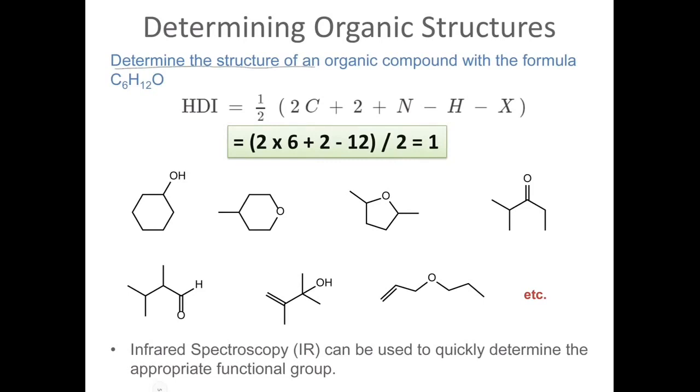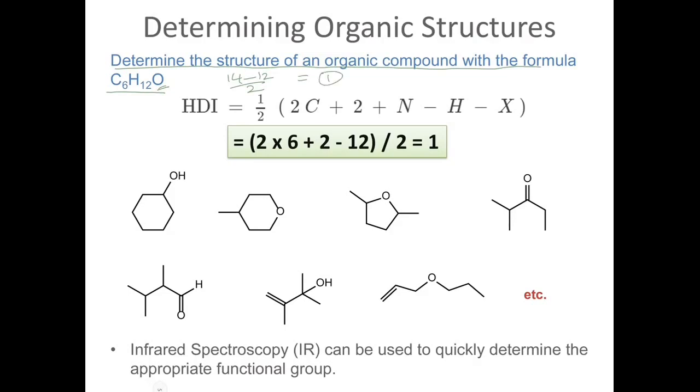Determine the structure of an organic compound with the formula C6H12O. Again, by using the formula, we don't have any nitrogen or halogen here. We don't cater for oxygen in the calculations. We simply have carbon and hydrogen. So that is 6 times 2 is 12 plus 2 is 14, minus 12, all over 2, which gives us 1 degree of unsaturation.